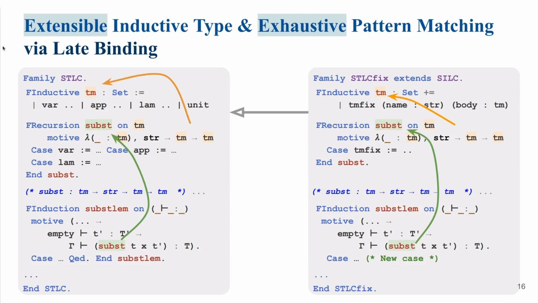Similarly, the substitution lemmas refer to the substitution function in their own family. Because STLC fix adds a new constructor to Tm, exhaustiveness checking requires the substitution function to handle the new case.